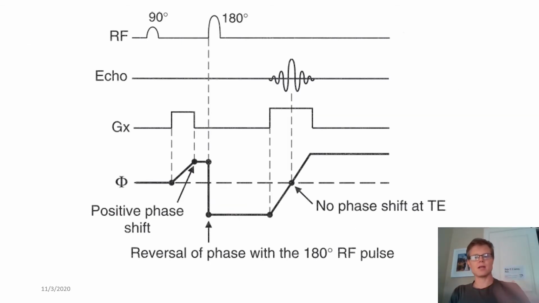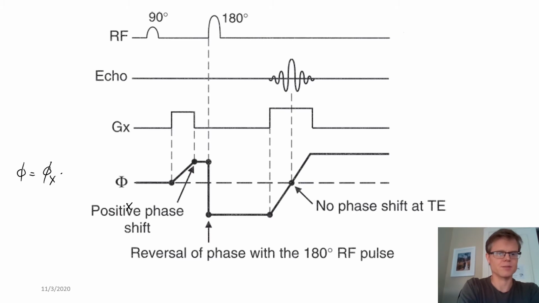Another way you can look at it, this is a plot here from the book, is we can look at again the phase, and sometimes I denote this as phi x, where the actual phase is like phi x times the position in x, and we get some net phase due to the gradient.